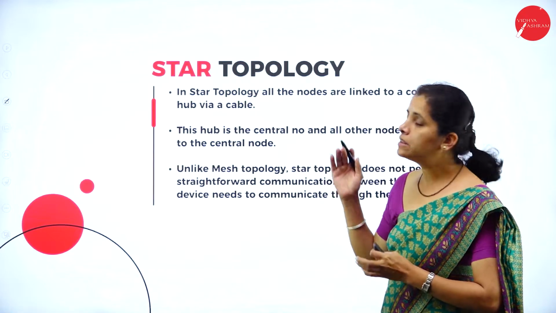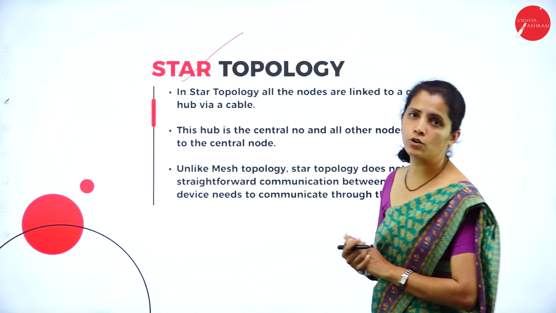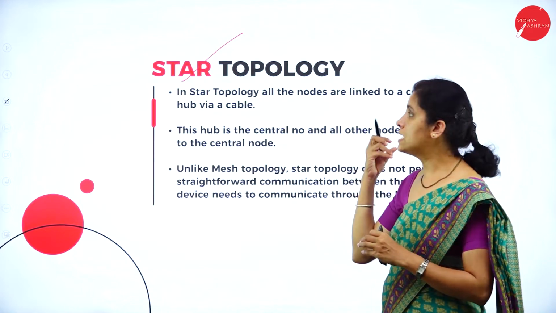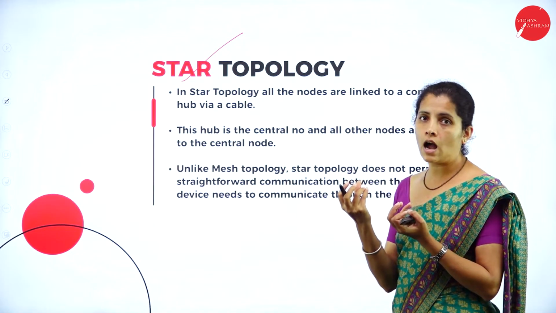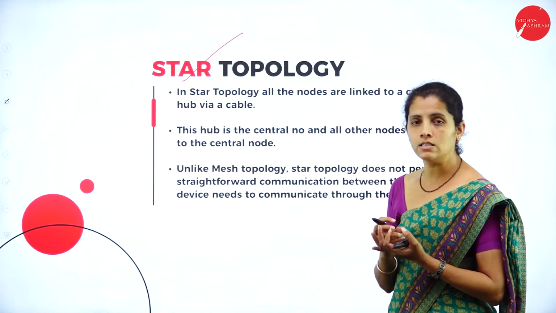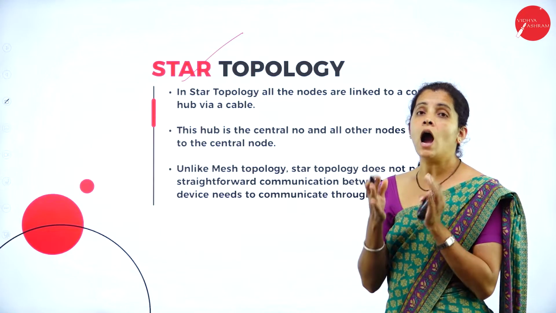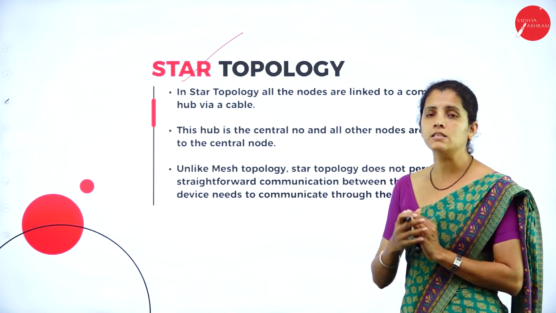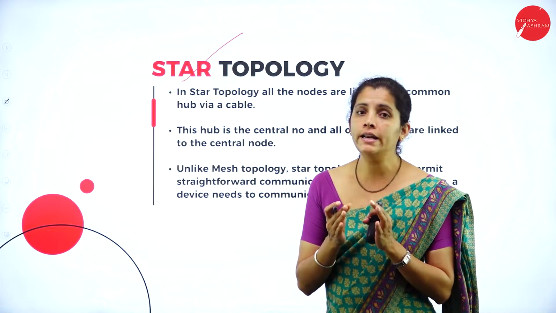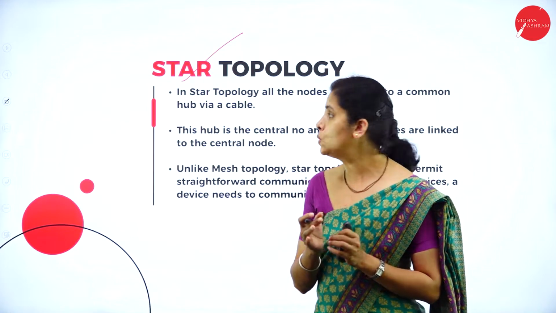Now, I have the third type of topology, that is star topology. As the name itself indicates, all the devices are connected like a star, and we have one central hub or central device, that is known as the hub, and all the data must travel through the central node.